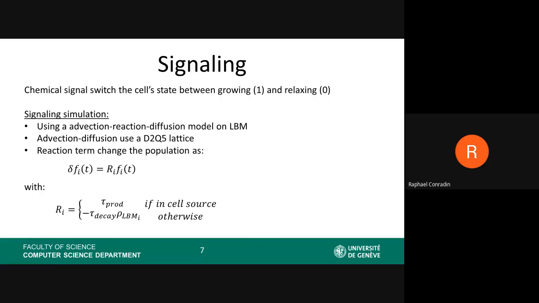For the external pressure or signaling or stuff like that, I will present just the signaling part because we use LBM.